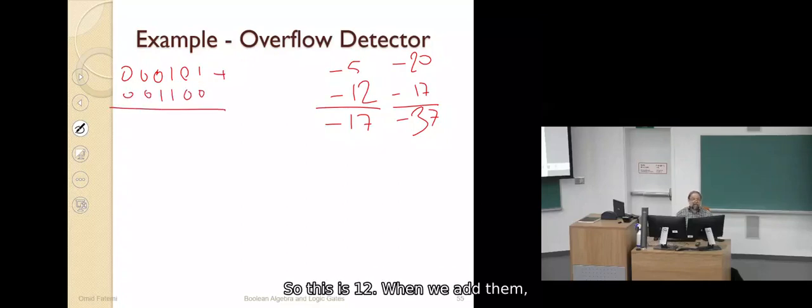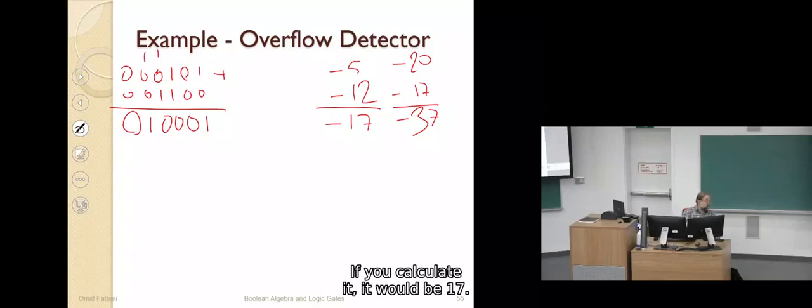When we add them, we get 1 plus 1 is 0 and carry 1 here, 1 plus 1 is 0 and carry 1 here, 1 and 0. So this would be the result. We expect it to be 17. If you calculate it, it would be 17. 16 plus 1 is 17. Okay.